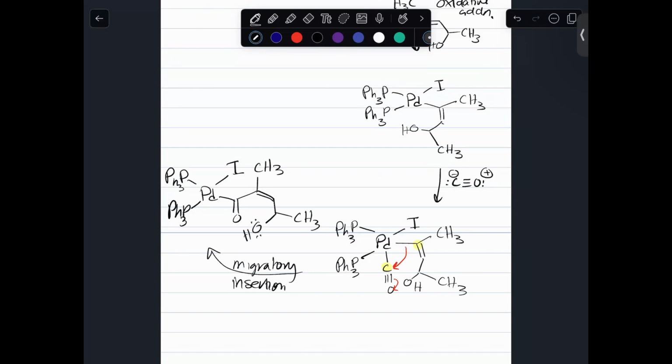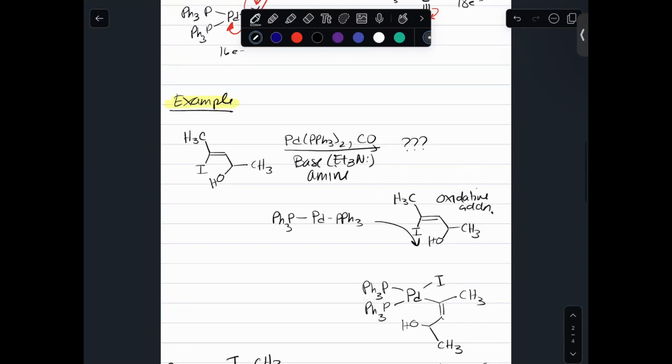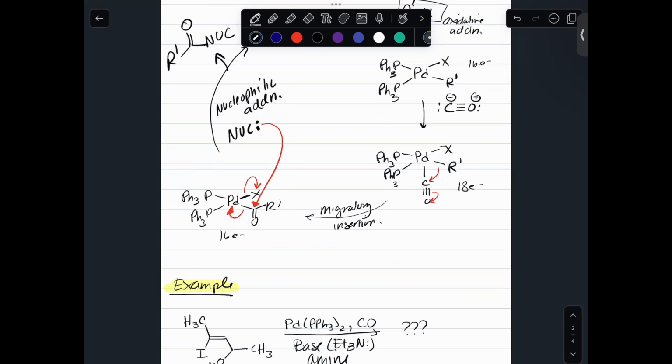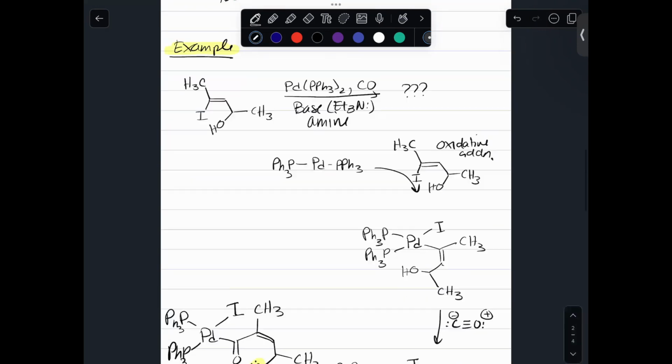In this case, my nucleophile is my alcohol, right? And it's an intramolecular nucleophilic addition. So just like before, follow the exact same arrows. Nucleophile attacks the carbonyl. The bond between the palladium and the carbon is broken. The electrons are given back to the palladium, and my leaving group pops off.